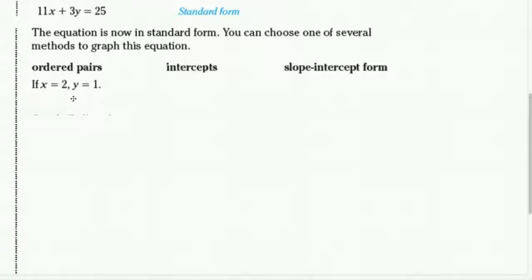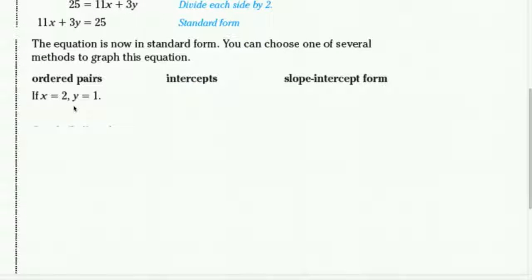By using ordered pairs, if x is equal to 2, then y is equal to 1. Another point that we're going to use: if x is equal to negative 1, y is equal to 12.